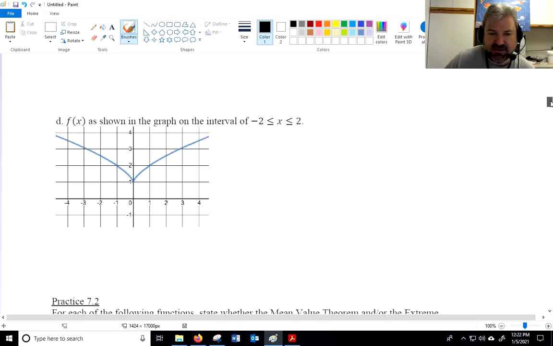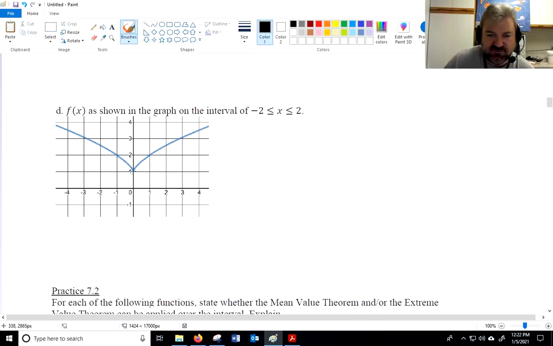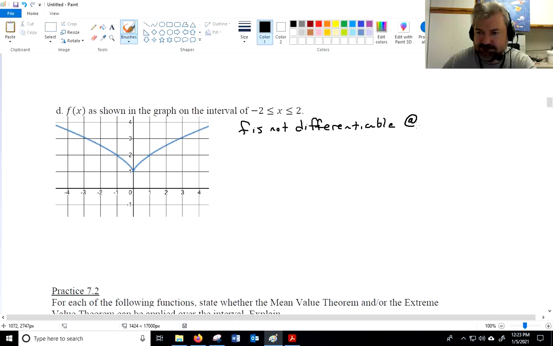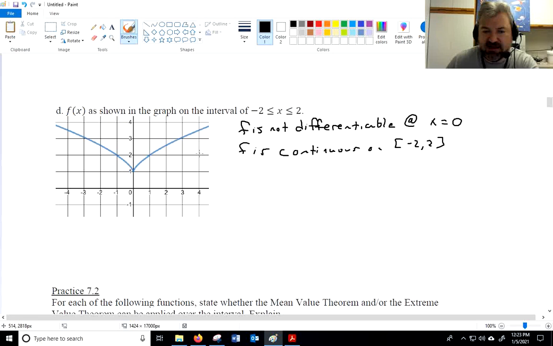All right, what about here from -2 to 2? Do you see a point where f is not differentiable, right? So f is not differentiable at x equals 0, but f is continuous on this closed interval. So what that means is we can apply the extreme value theorem, and we say we do have an absolute minimum of 1 and an absolute maximum of something like 2 3/4, somewhere around there.